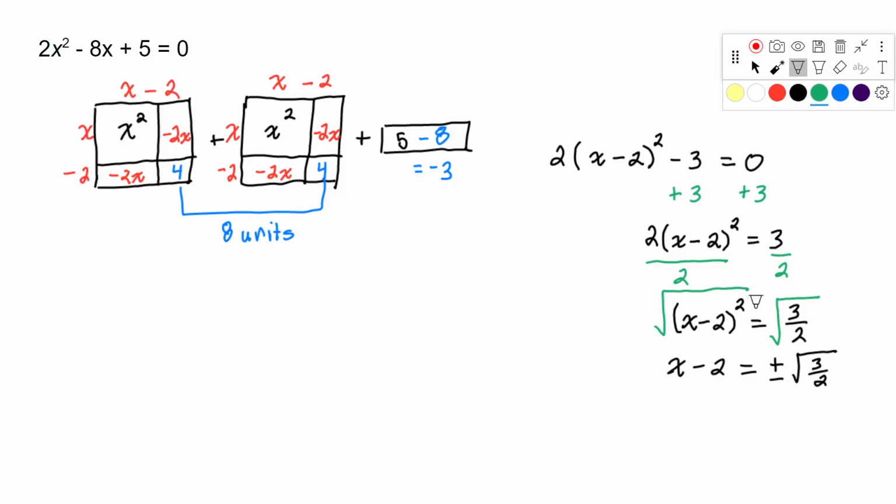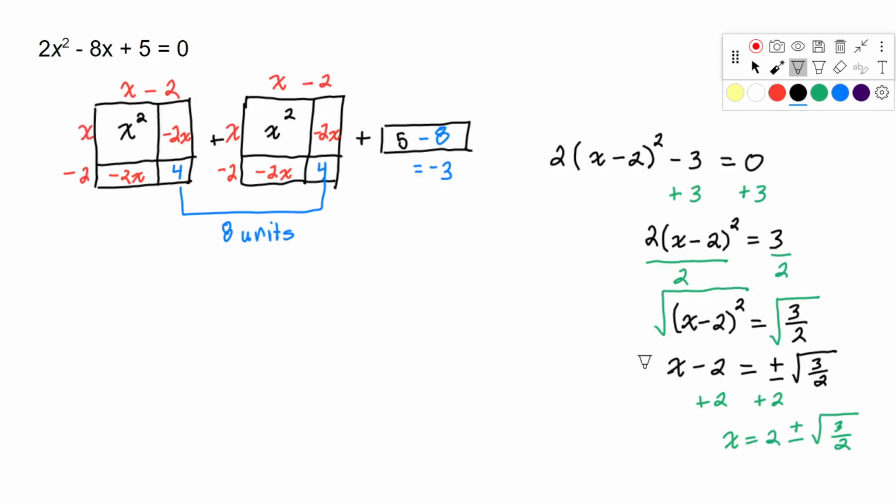To get x by itself, I'm going to add 2, and I have x equals 2 plus or minus the square root of 3 over 2. And again, I'm going to consider this to be my exact answer.